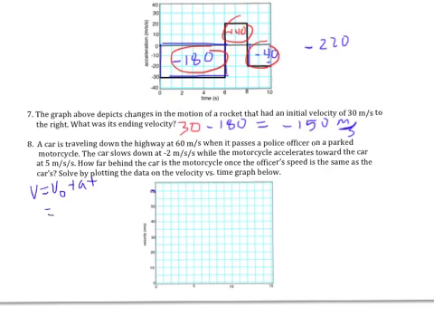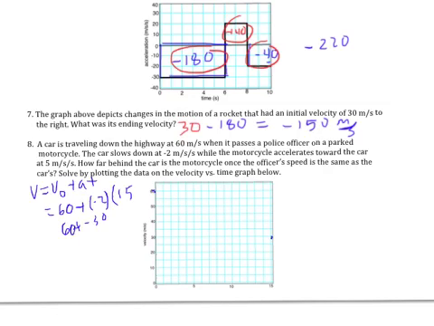So the starting velocity was 60 plus negative 2 times 15. So that's negative 30. So 60 plus negative 30 is 30. So he ends up here.